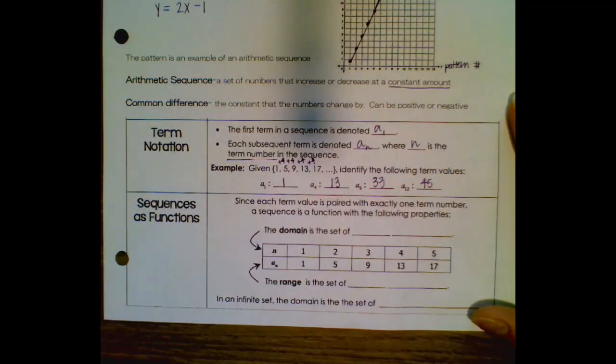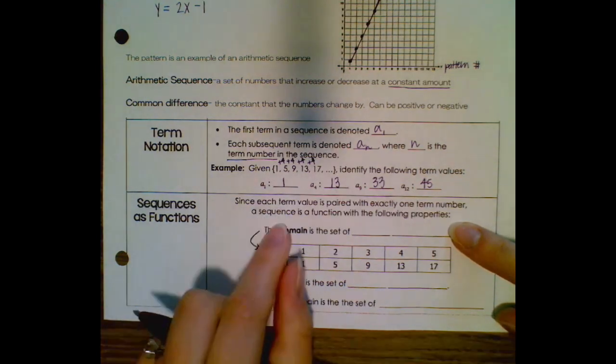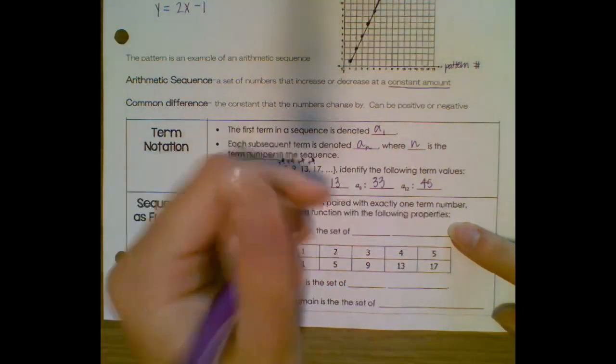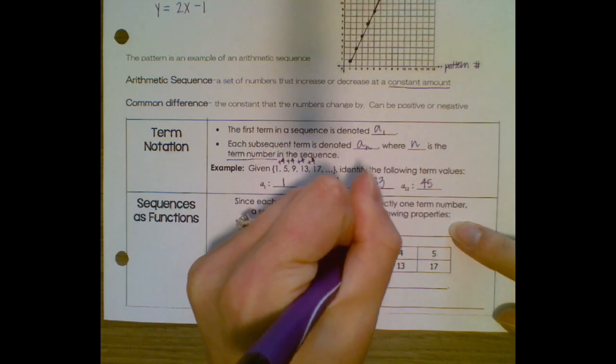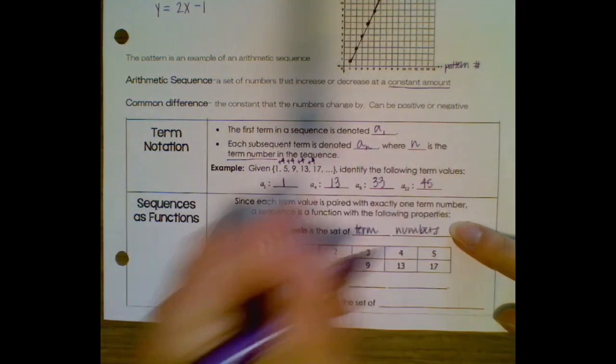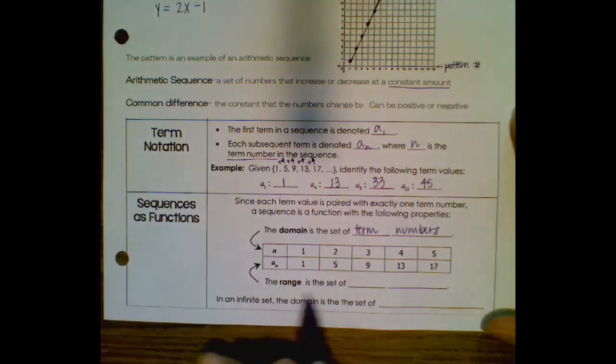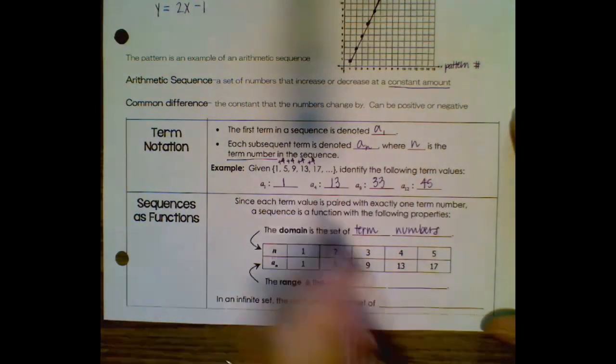Okay? All right, sequences as functions. Since each term value is paired with exactly one term number, a sequence is a function with the following properties. The domain is the set of term numbers. Okay, so here's the term numbers, that's n. And the range, these are the term values.